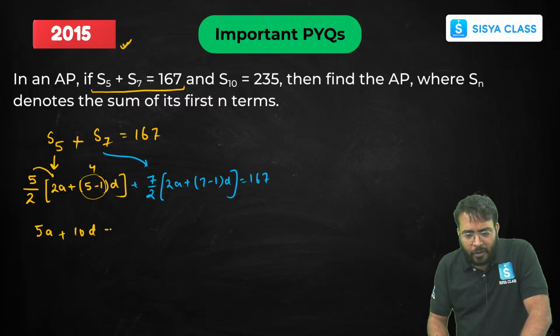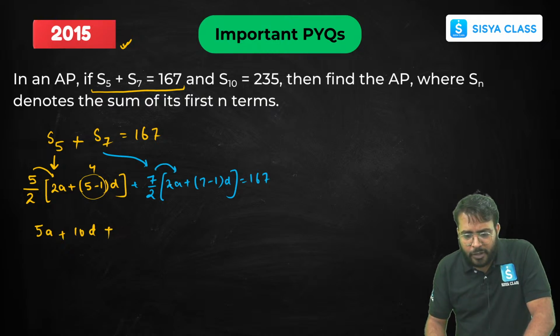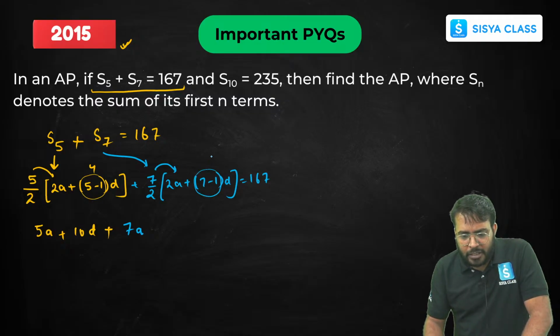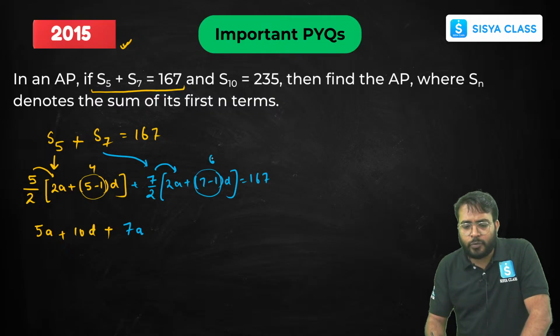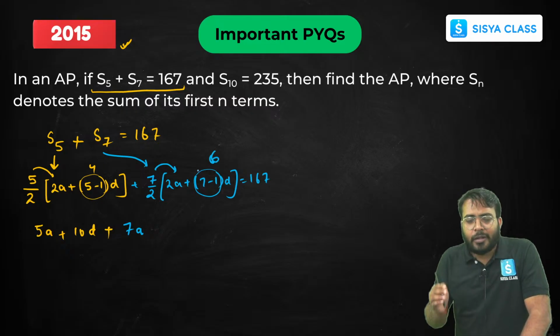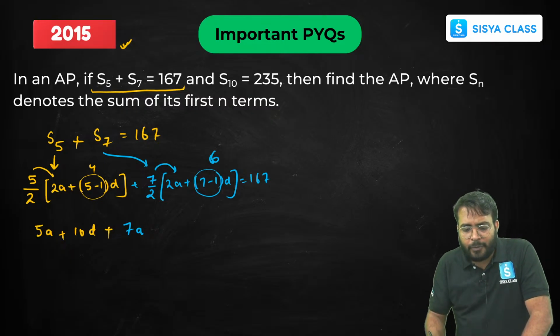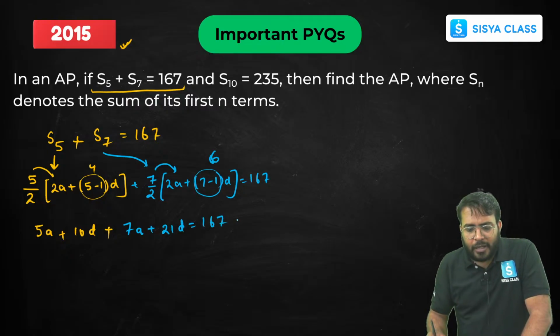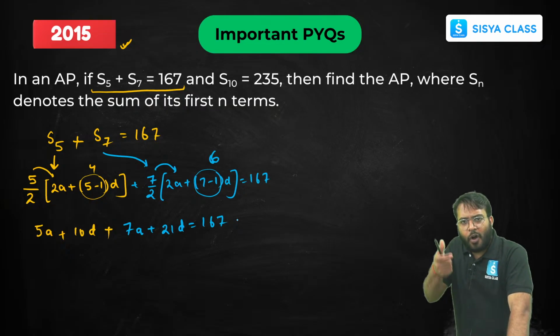Plus now here we have 7 by 2 into 2a, 2 and 2 get cancelled and you will get 7a. And here 7 minus 1 means 6, so 7 by 2 into 6 means 3 times 7, that means you will get 21d, equal to 167. Let us simplify this further.